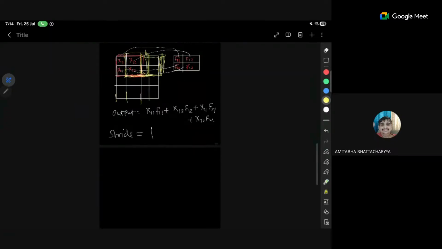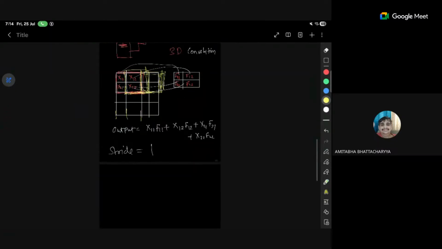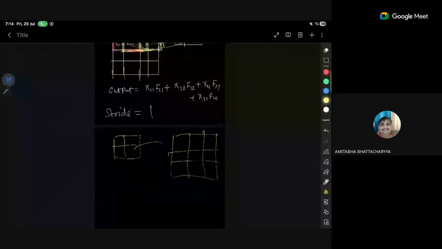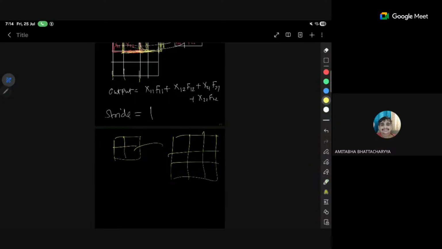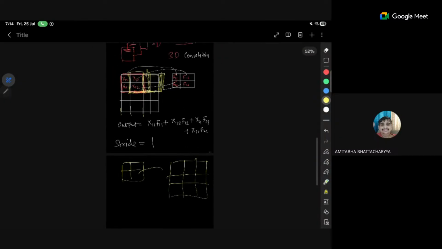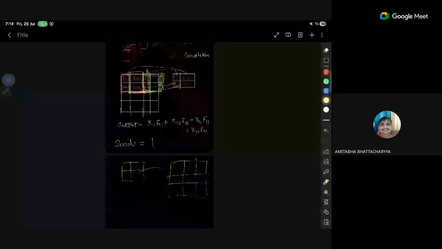Each stride will produce one output, right? Let's say the first convolution happened and it produced one output. Then the second convolution will happen, it will produce another, and the third, and so on. We are going to put all of them in a matrix. Now what this matrix size is going to be: if I move one, how much width of output am I going to get? 3, right?